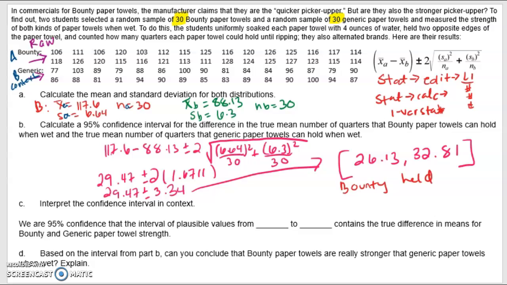This tells me that Bounty held 26.13 to 32.81 more quarters than the generic brand.